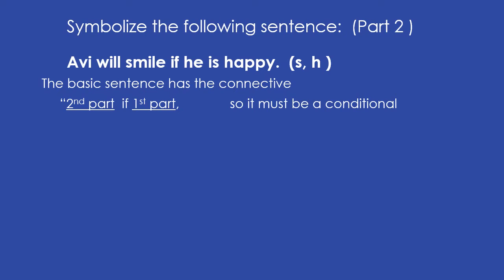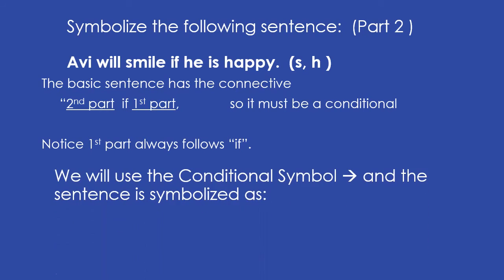Notice the if is in the middle, and therefore what follows the if is considered the first part of the conditional. So the first part always follows your if. We use the conditional symbol to symbolize the sentence as H implies S. If he is happy, then he will smile.